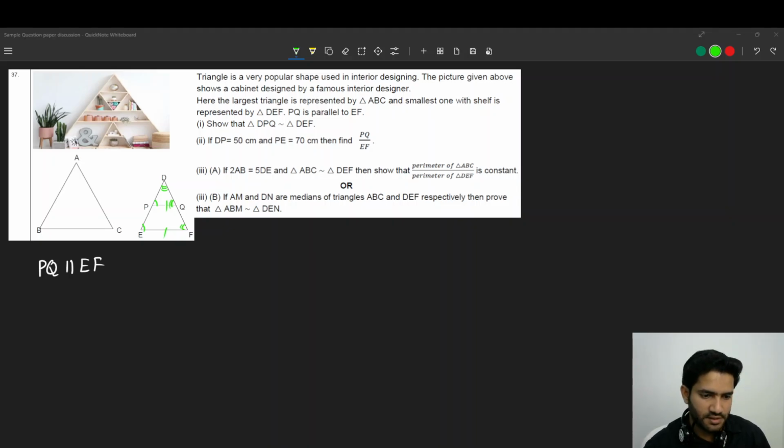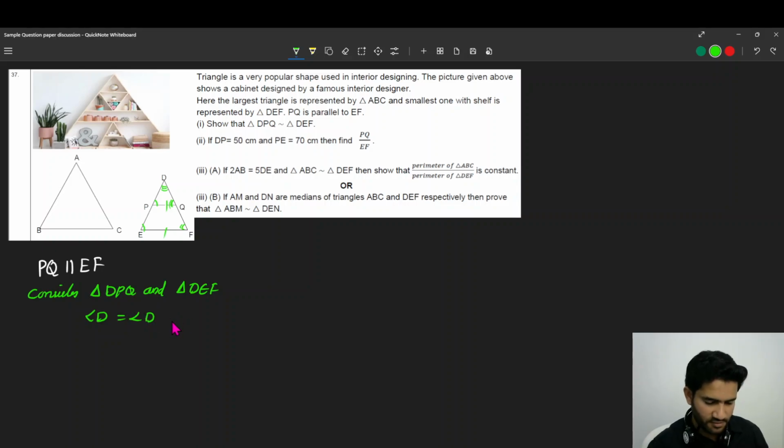Now consider the triangles. The given question is DPQ first, so we can consider DPQ and triangle DEF. So angle D equal to angle D, that means angle PDQ equal to angle EDF, because common.